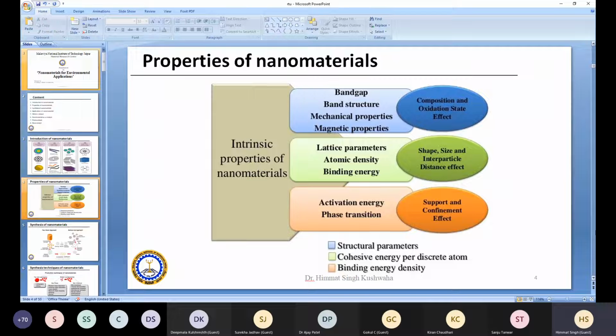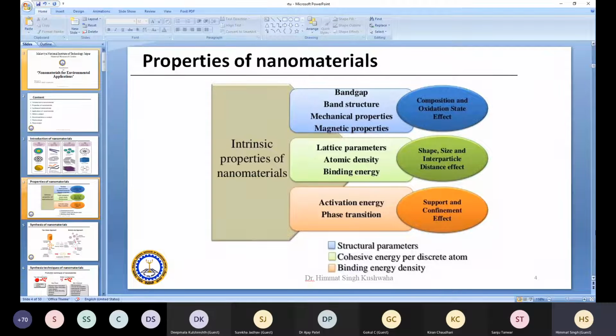of the atoms. So we can say that these properties are mainly generated by the atoms, and we can tune them by changing the shape, size, and interparticle distance within the nanomaterials.